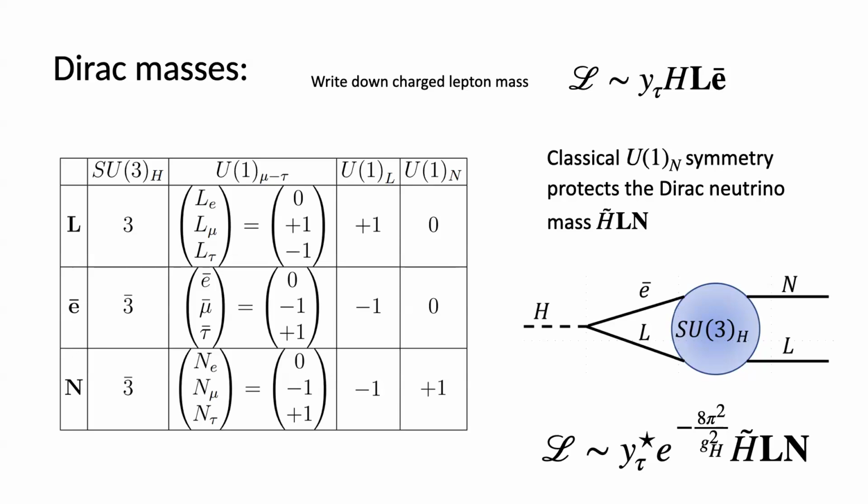You have 2 L legs because of the SU(2)_L quantum number, and one each of E and N. From these vertices, you can insert a charged lepton Yukawa, and you get out a Dirac neutrino Yukawa, which comes from the charged lepton Yukawa, but is exponentially suppressed by the instanton action.